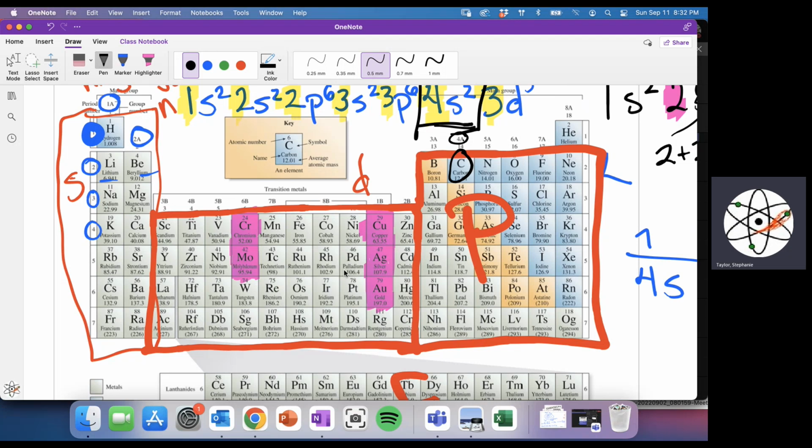So these are in the notes. Yes, you have to know these 5 exceptions to electron configuration. Technically, yes, that also makes them exceptions to valence electrons because these 5 will only have 1 valence electron, whereas the rest of the D block will have 2 valence electrons.